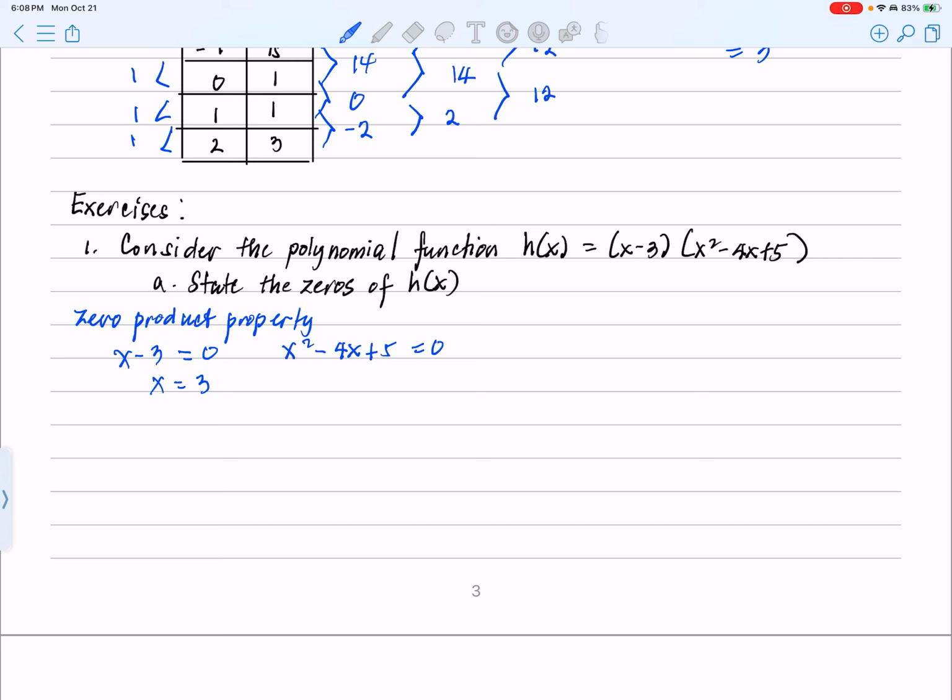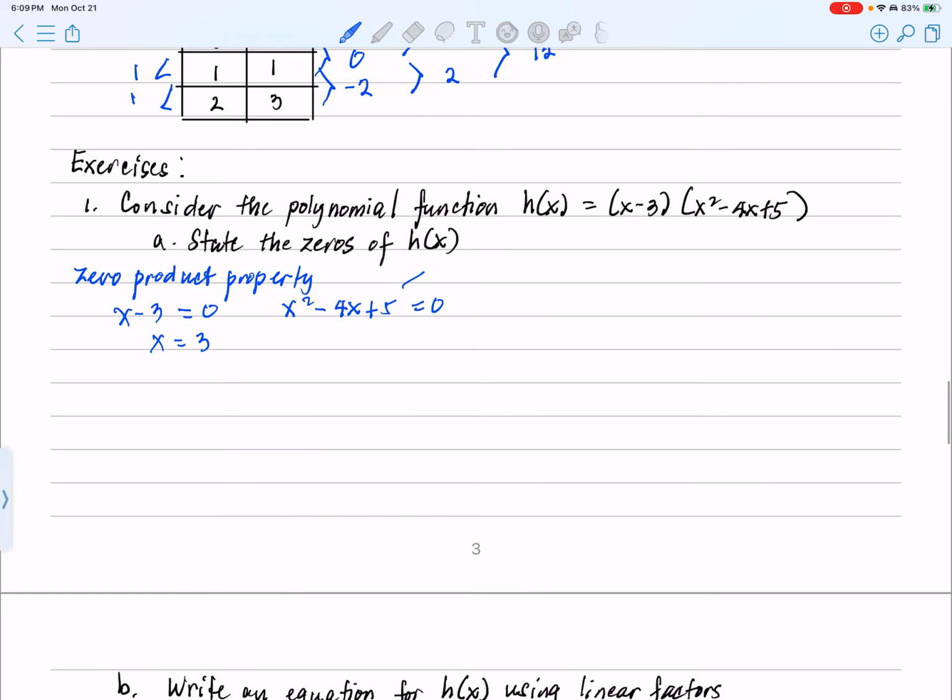If we try to factor this out, we always remember in factoring to look at the last term. Our last term is 5, and the factors of 5 are 1 and 5, such that when we add the two, it should come out with the middle term.